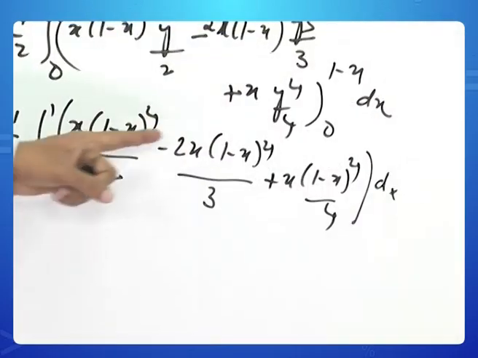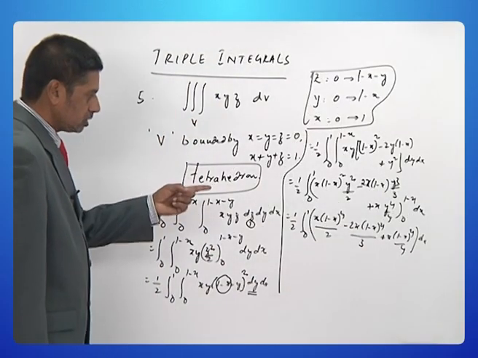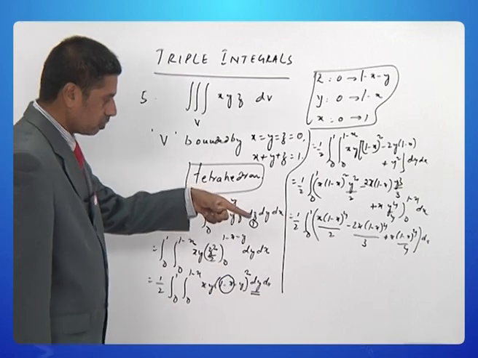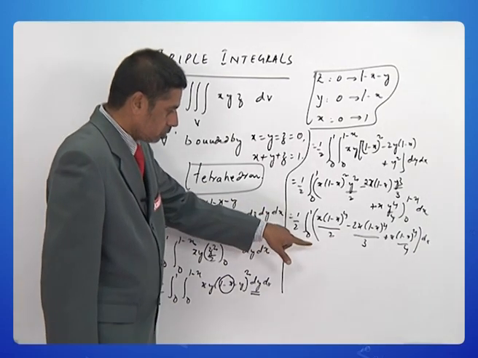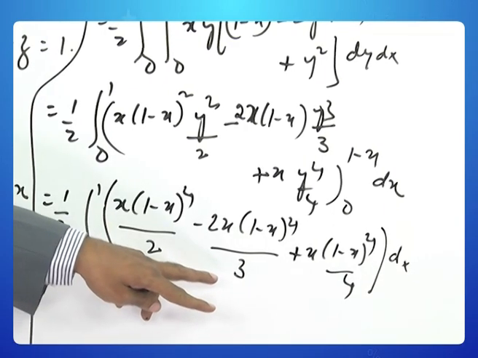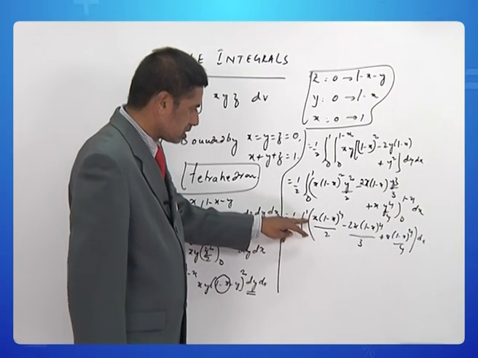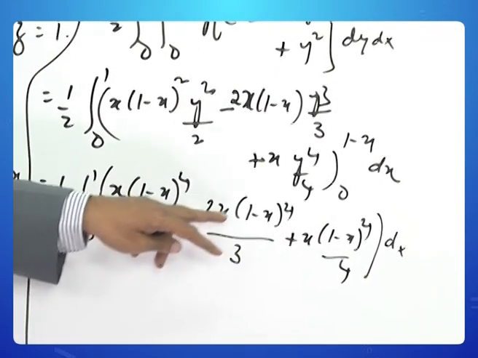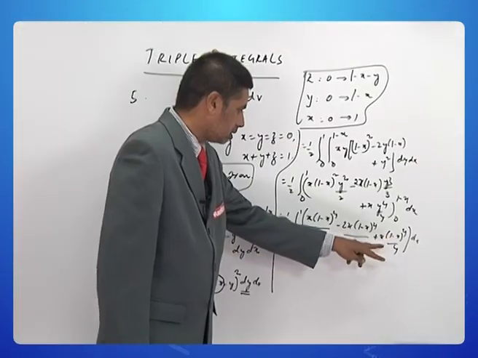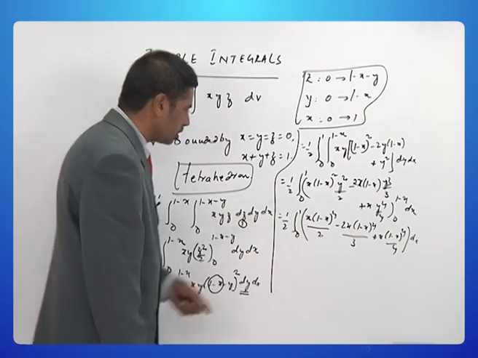Fortunately for us, all the terms are similar with different denominators. So if you take the LCM of 2, 3 and 4, it is 12. So this will be 6 times, this will be 4 times and that will be 3 times. Let's make it clear.